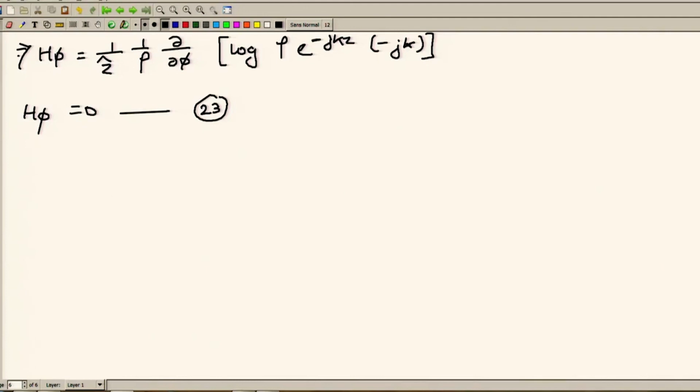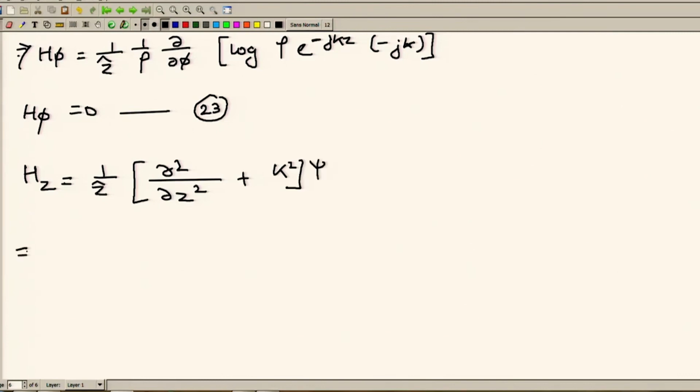Now, Hz. So, Hz is 1 upon Z cap del square upon del z square plus k square xi. This we had. Now, we will substitute xi. First we separate this del square xi del z square plus 1 upon Z cap k square xi.